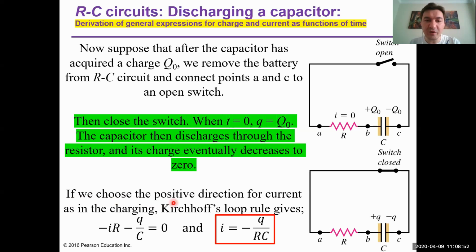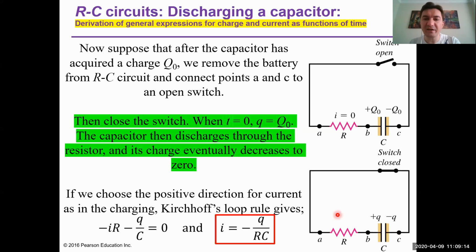If we choose the positive direction for the current as in the charging case, let's consider that you don't know the direction of the current, and again you choose the direction of the current like in the charging case. So let's choose that this is the direction of the current. Again, this is the travel direction of the loop, okay?